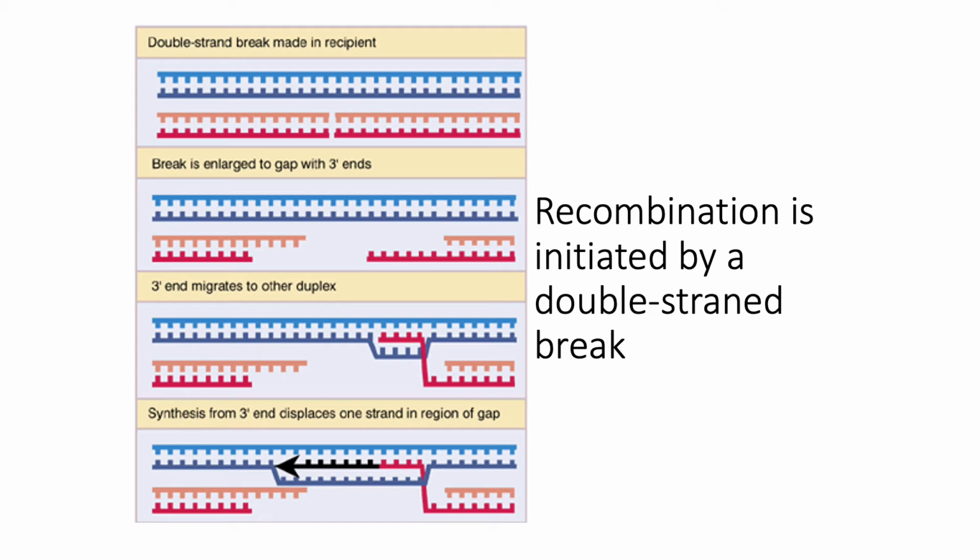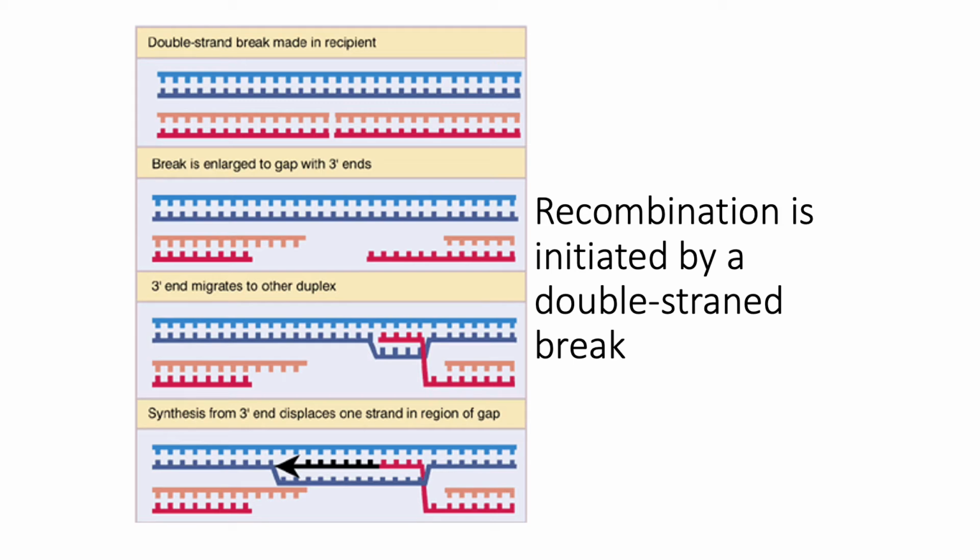Okay, so then in this case the dark red strand invades the blue chromosome, and it can be used as a primer to elongate off of with the DNA polymerase that can displace, in this case, the blue strand.